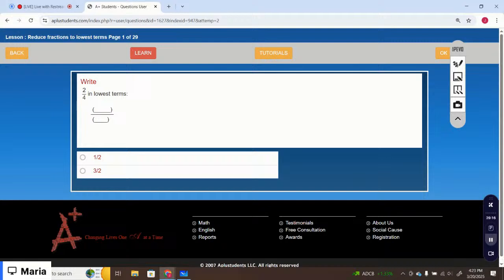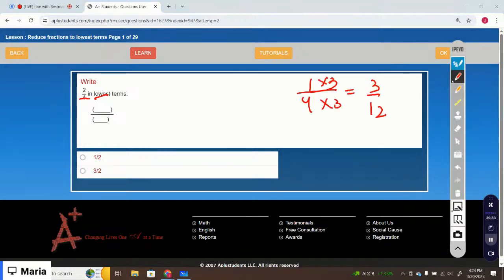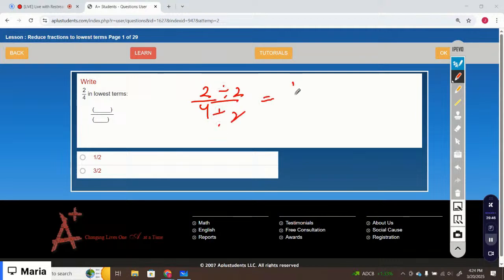Write 2 by 4 in lowest term. 2 by 4 it is. Let's find the greatest common number that can divide both numerator and denominator. That is 2, just divide them by 2, right?